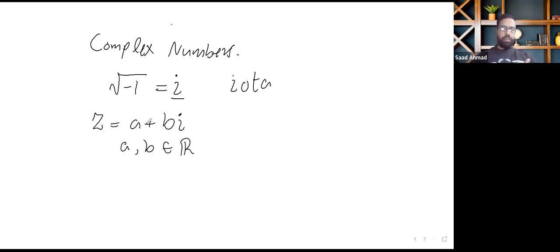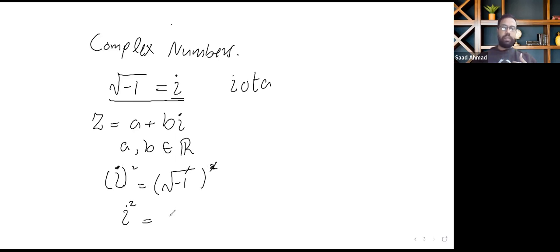Now let's look at this again. We know that the name of the square root of -1 is i, right? If I square both sides, the square and the square root cancel out. So i squared, iota squared, equals -1.